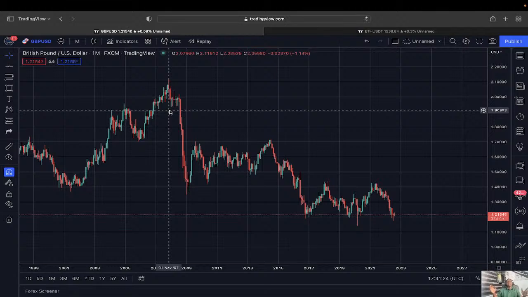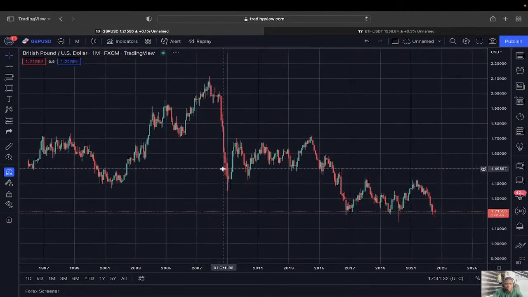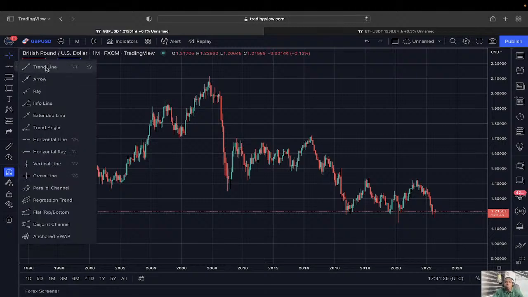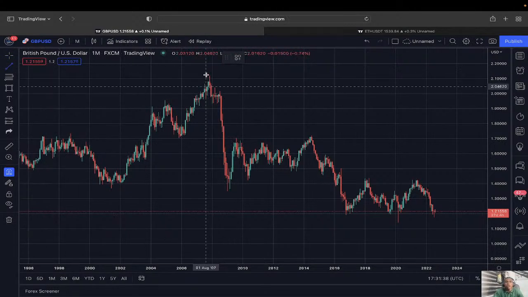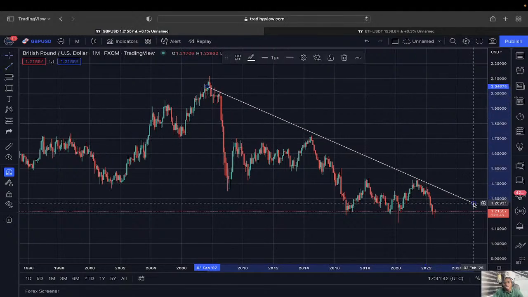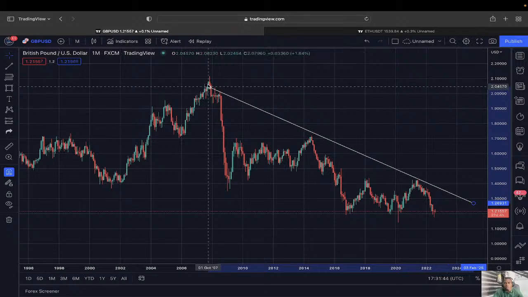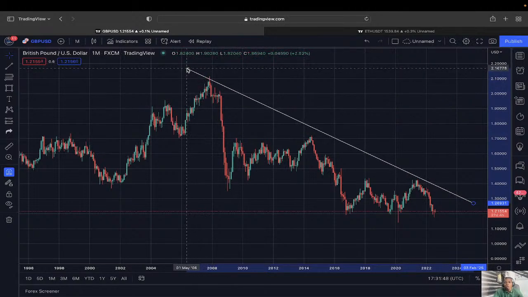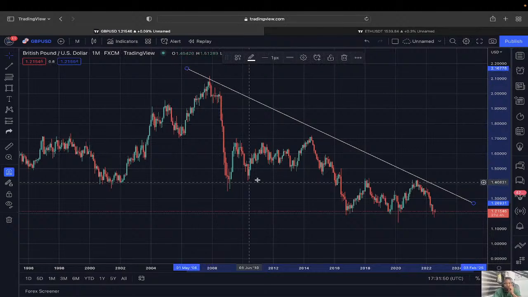So let's look at the pounds USD. From the monthly time frame, we can see that over the last few months the pounds USD market has been on a downward trend.